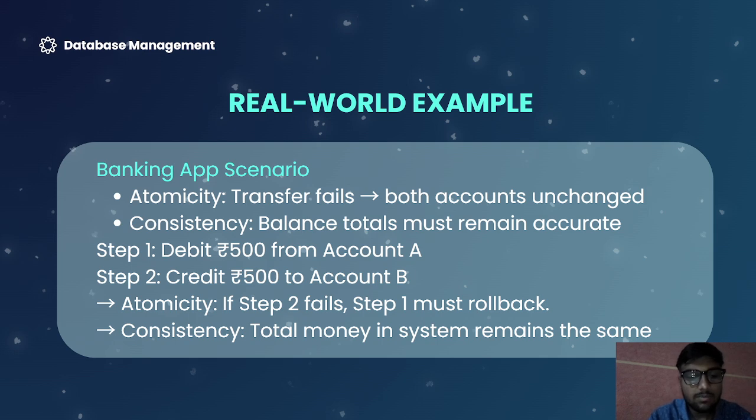So these two work hand in hand to keep things reliable. If step 2 fails, step 1 rolls back, that is atomicity. In consistency, the money in the system remains the same.